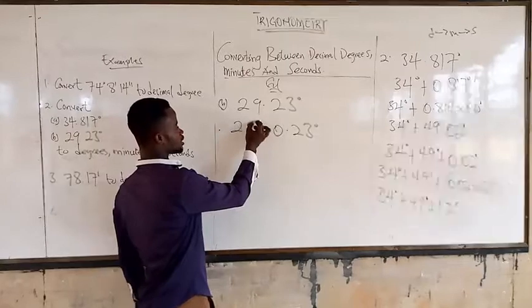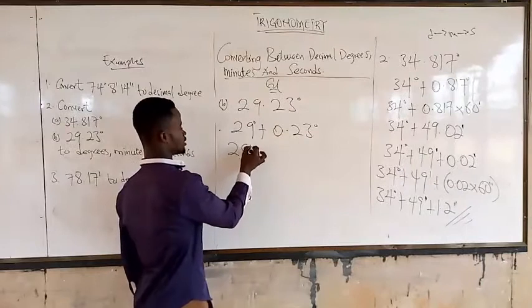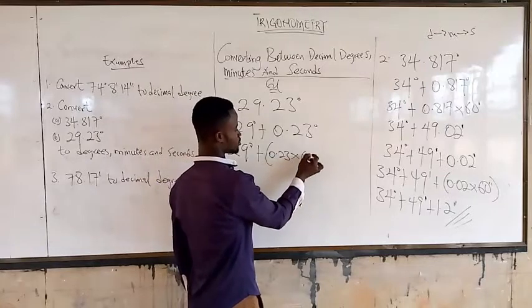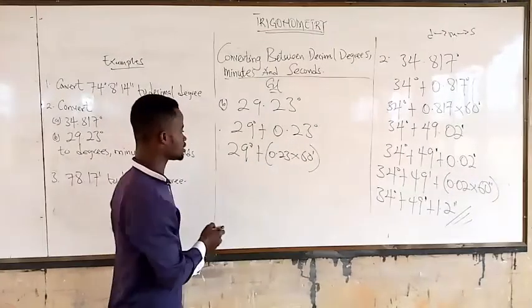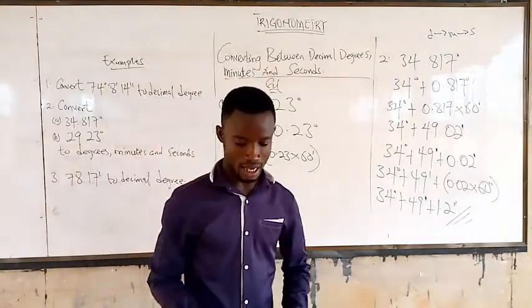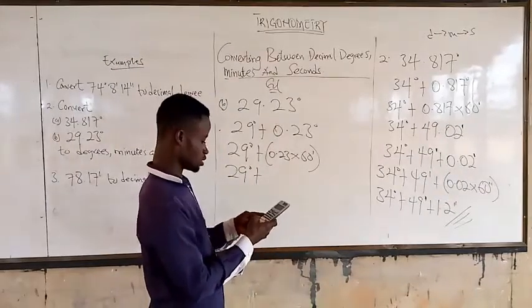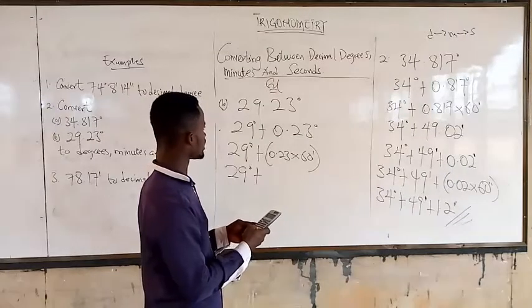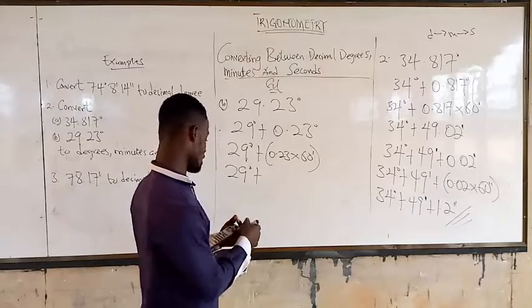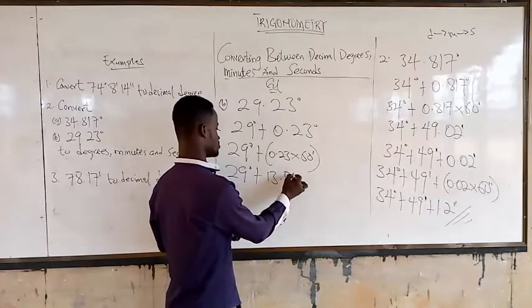Alright? This is degrees. So we have to change this one to what? Minutes. So 29 degrees plus 0.23 times 60 minutes. And you get 29 degrees plus, multiply this by this, 0.23 times 60. You get 13.8 minutes.